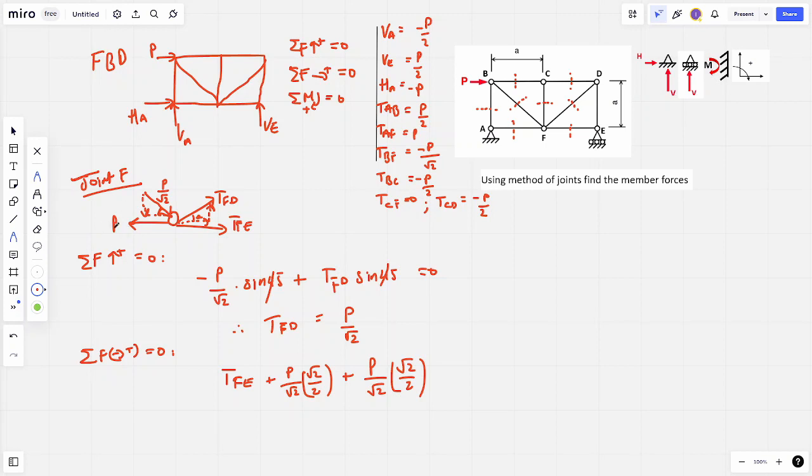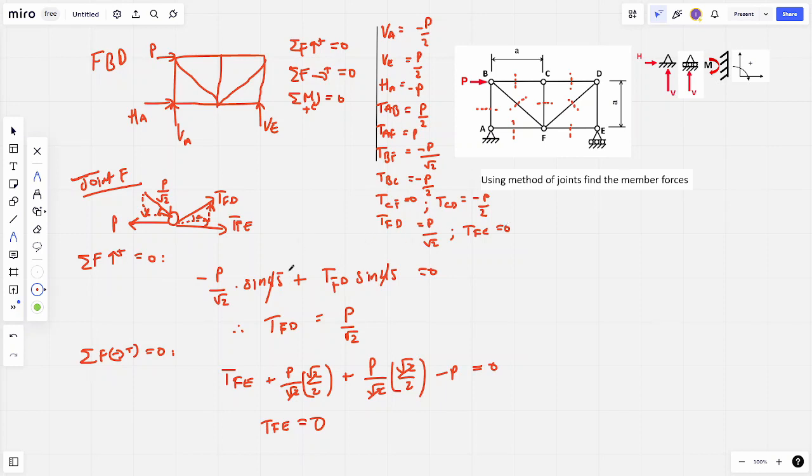And we've got the negative P from AF. So the root 2's will cancel through in the multiplication. So we've got TFE plus P over 2 plus P over 2 minus P. So we've got half a P plus half a P, which is a whole P, minus 1P. So TFE, we worked out, then is 0. So then let's add that to the table. So we've got TFD as P over root 2, and we've got TFE as 0.